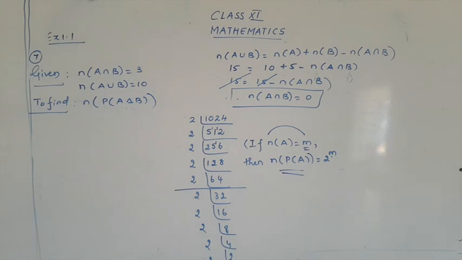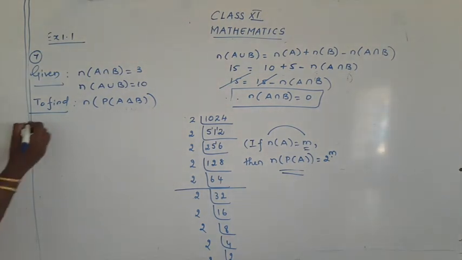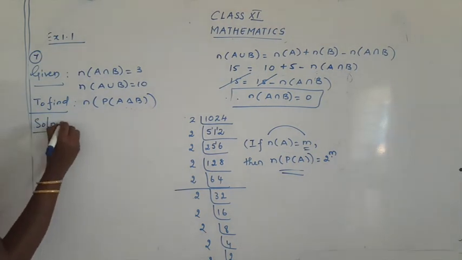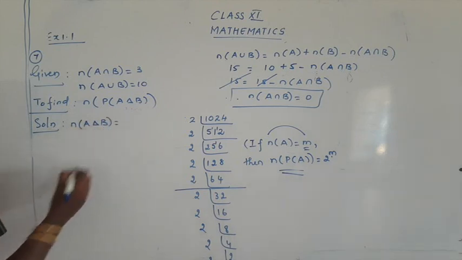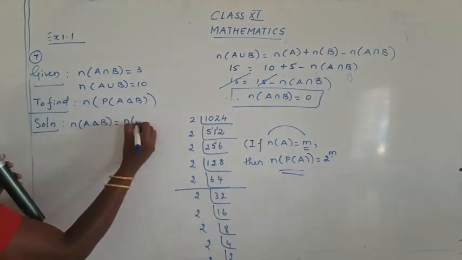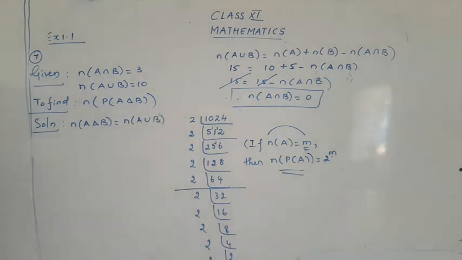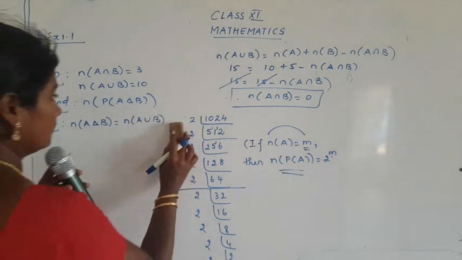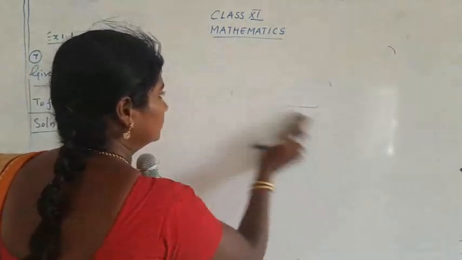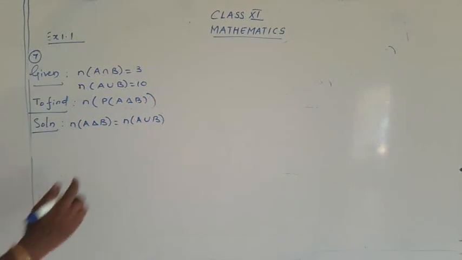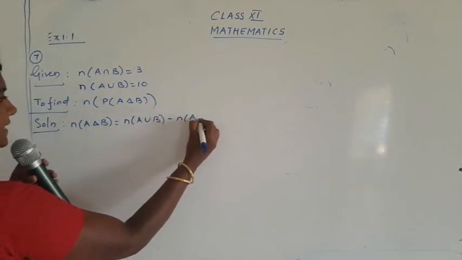Okay, now let's go with the sum. So now here, what are we going to do? We are going to apply a formula over here. So let's go for the solution part. n(A Δ B) is equal to n(A ∪ B) minus n(A ∩ B).